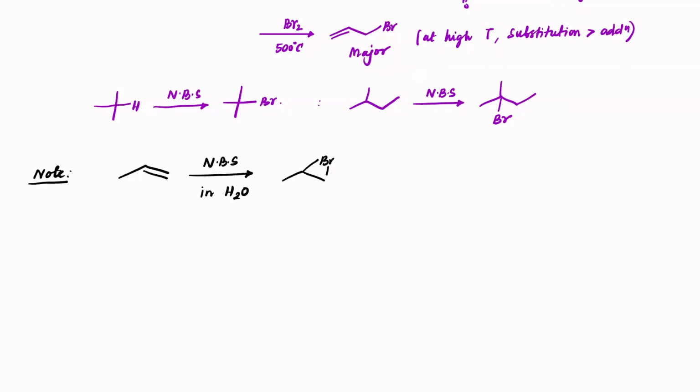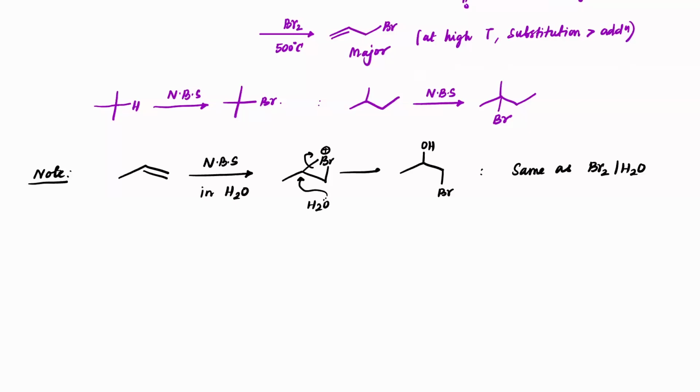That means first the bromine addition will happen, and then water will add onto this position. The bond will open up, and then you will get Br and OH. So this is the same as Br2 H2O addition.